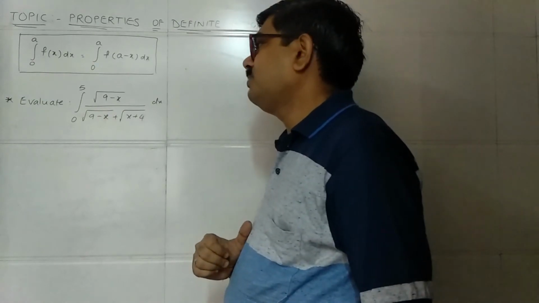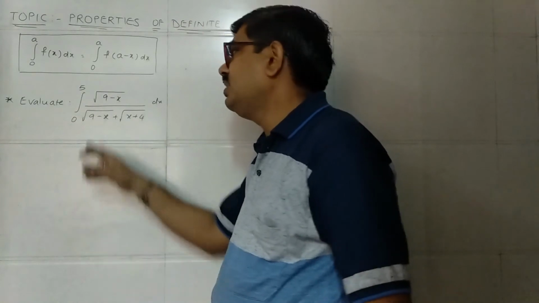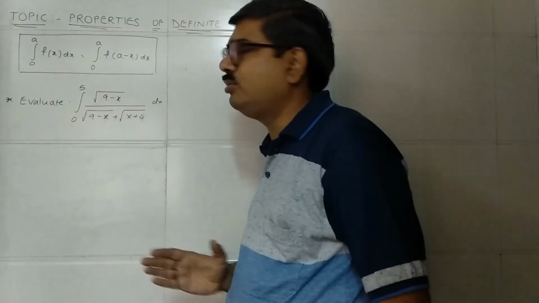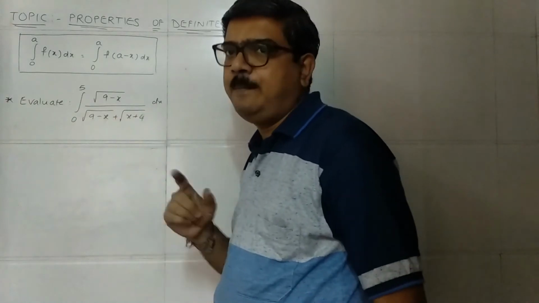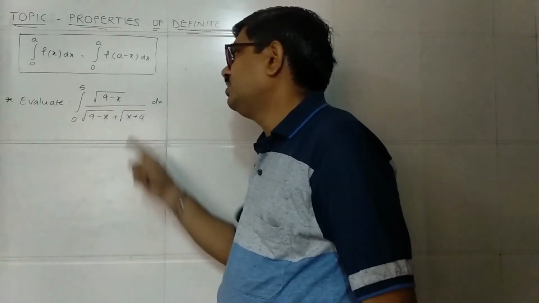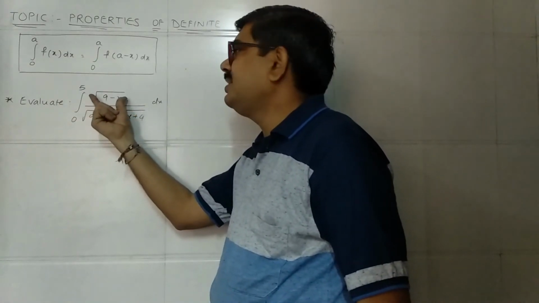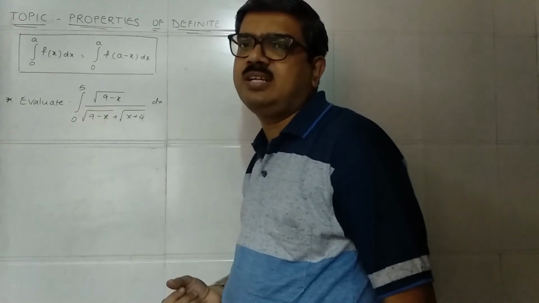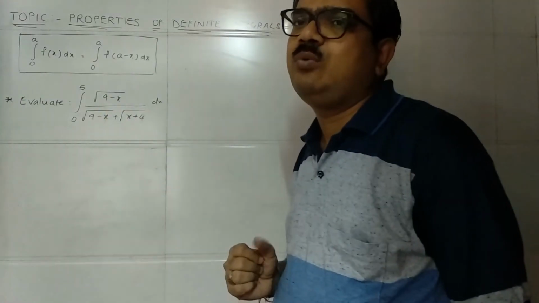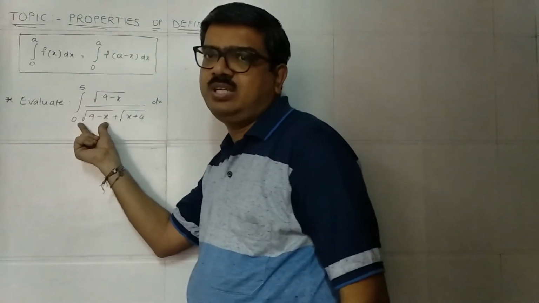For identification, first of all you have to see what the limits are. Here the lower limit is 0. Whenever the lower limit is 0, you can apply this property. But another thing to keep in mind is to see whether the term in the numerator is also present in the denominator. Here, in the numerator the term is square root of 9 minus x, and that term is also present in the denominator.